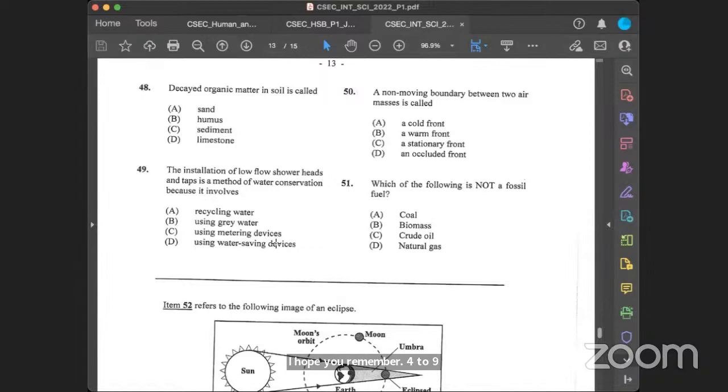Installation of low flow shower heads and taps is a method of water conservation because it involves what? What is the reasoning? Deep reasoning. What's your answer? Low flow taps, what do they do?